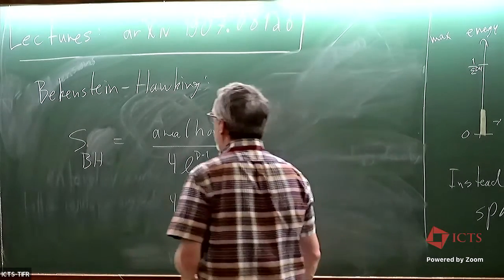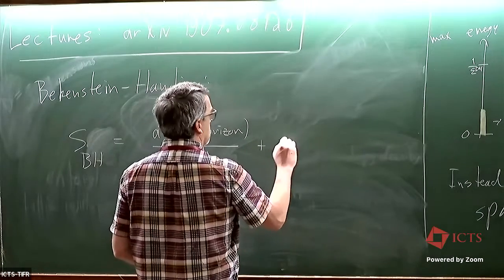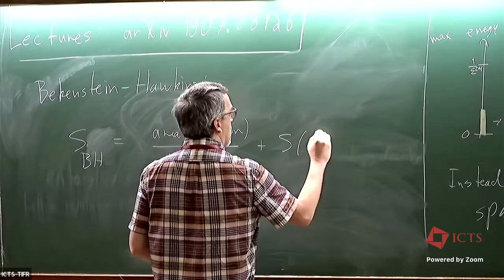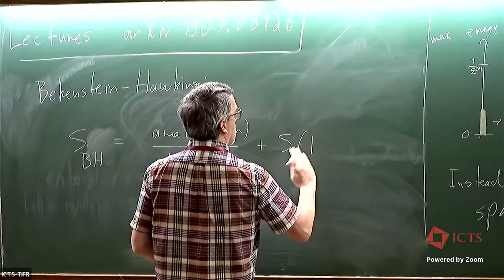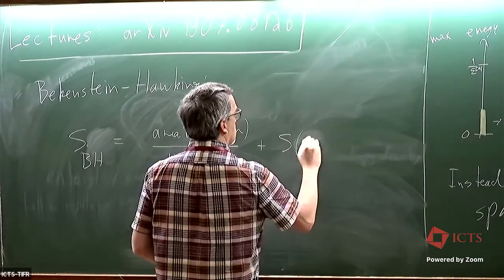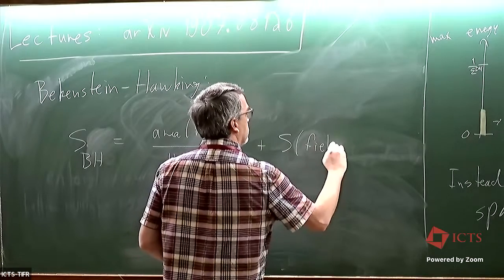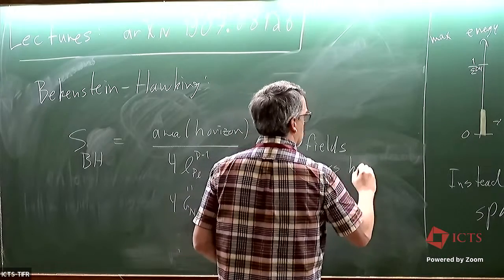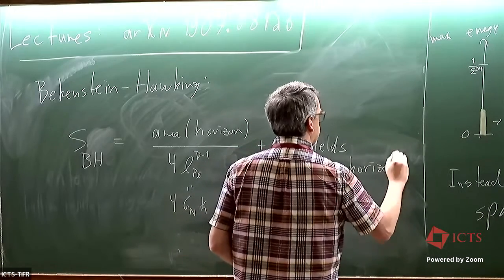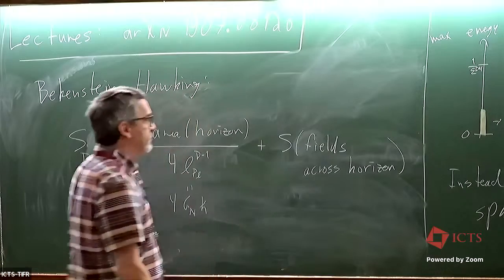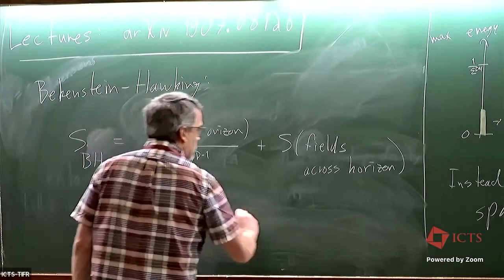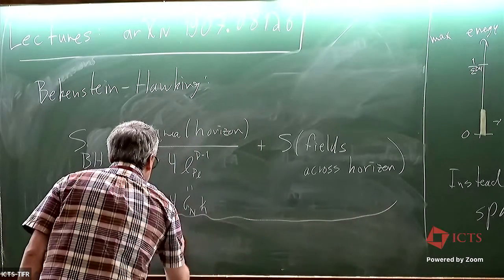So really, this thing has, this is the entropy of the fields, let's say, okay? And this thing together is called the generalized entropy.